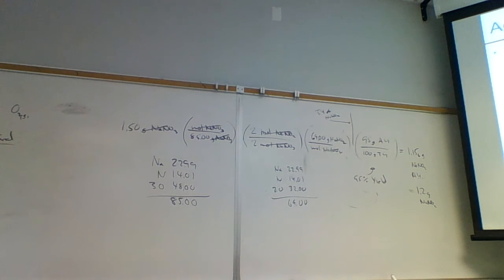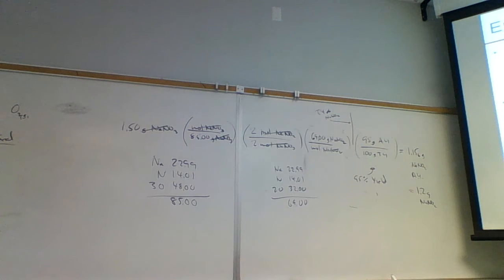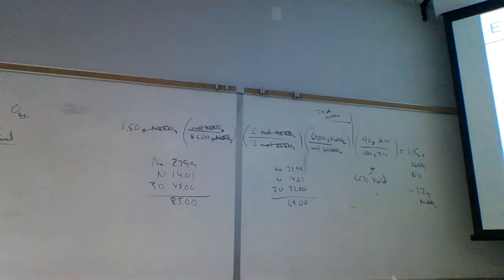Okay, the next thing I need to talk about is energy. Energy is expressed in different units, such as the joule. The joule is what we call the SI unit of energy.